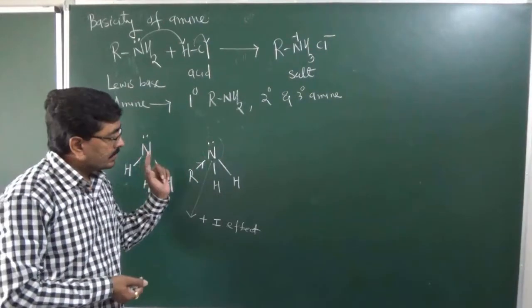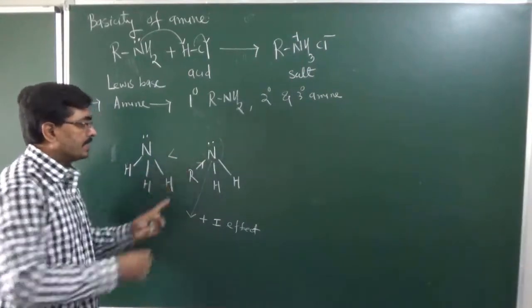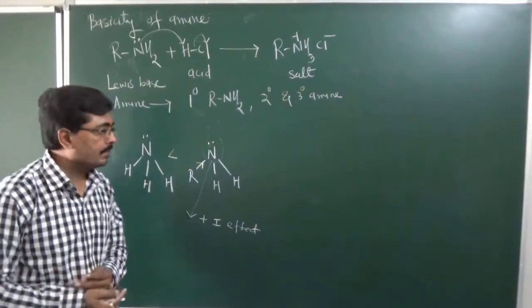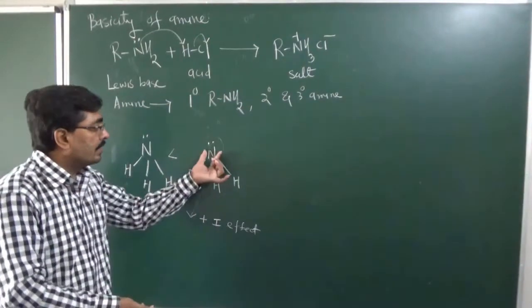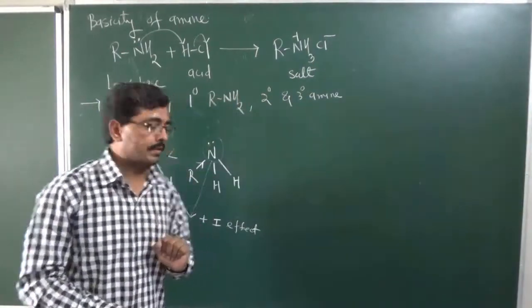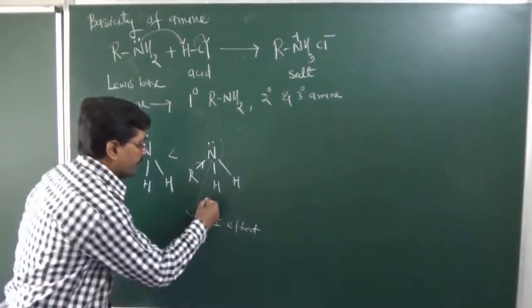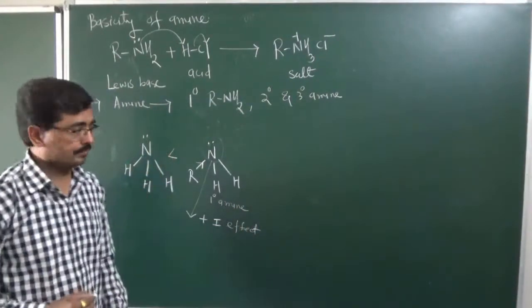Therefore, we can say that ammonia is less basic as compared to primary amine, because as the number of alkyl groups increases, electron density increases on nitrogen and it can donate its electron pair easily. Therefore, the primary amine is more basic as compared to ammonia.